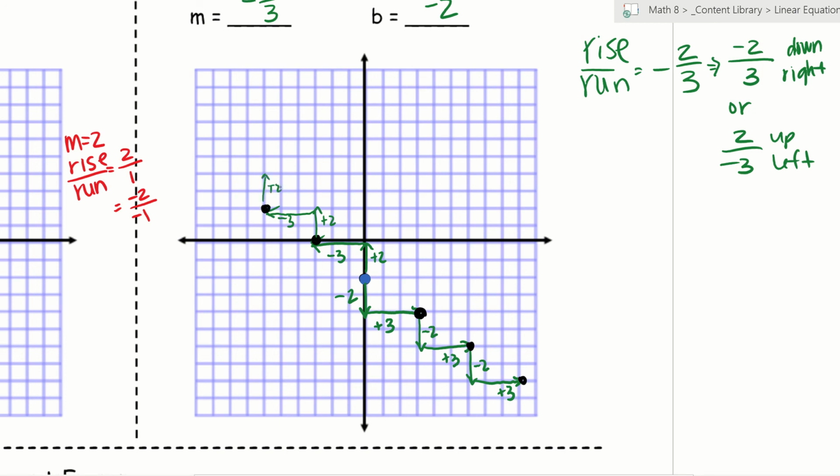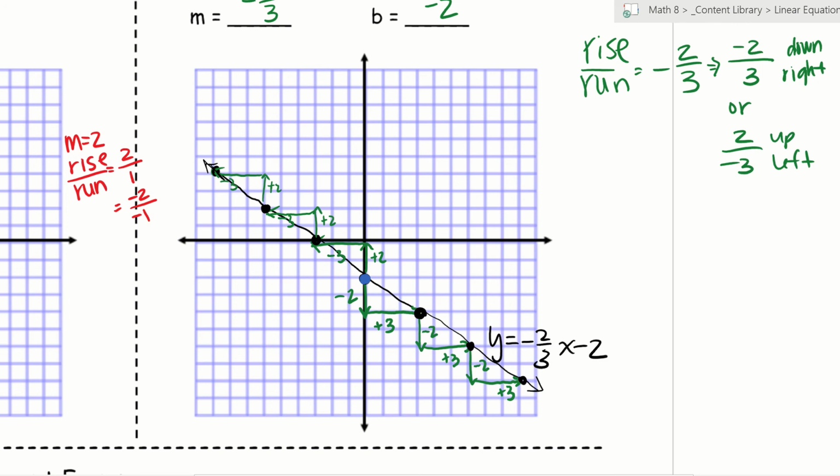Up 2 and to the left 3. Would be another point. Once I run out of room that way, I'm just going to connect them. And that is my line. y equals negative 2/3 x minus 2.